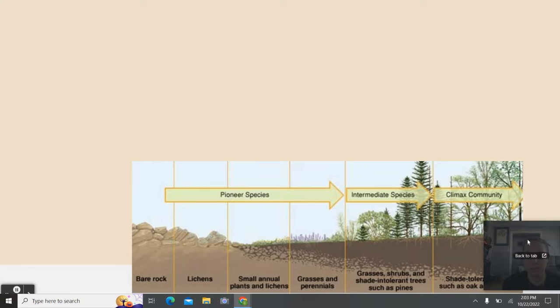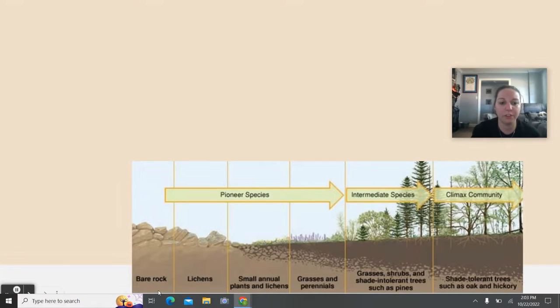So this graphic right here is a pretty good graphic. It's showing you primary succession. Okay, so we're starting with bare rock. We've got then our lichens that show up, and lichens are actually going to live directly on that rock and break that rock down into soil. So we'll have kind of shallow soil at first that doesn't have a ton of nutrients in it, so it can only support some small plants.